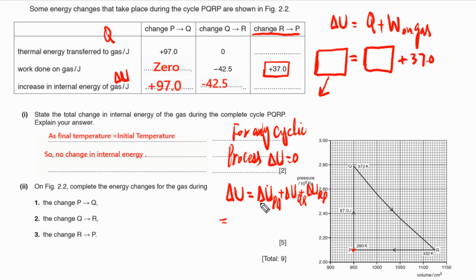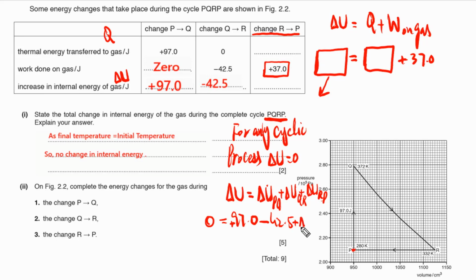As you can see, delta U from P to Q is given as 97.0, plus from Q to R, that is negative 42.5, and this all has to be equal to 0, because P, Q, R, P is one complete cycle.